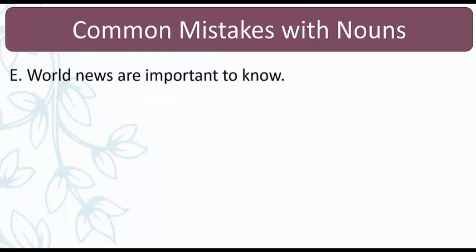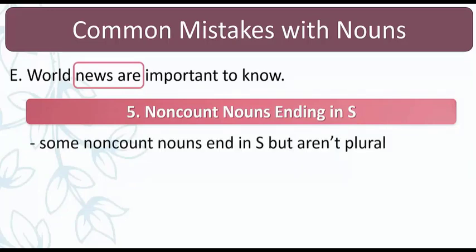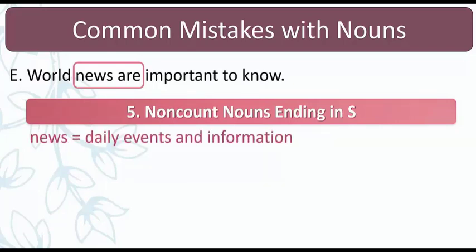In this sentence, "world news are important to know," there is a mistake with non-count noun endings that use s. There are some non-count nouns that have s at the end, but aren't plural. Here are some other examples. News, as in daily events and information.